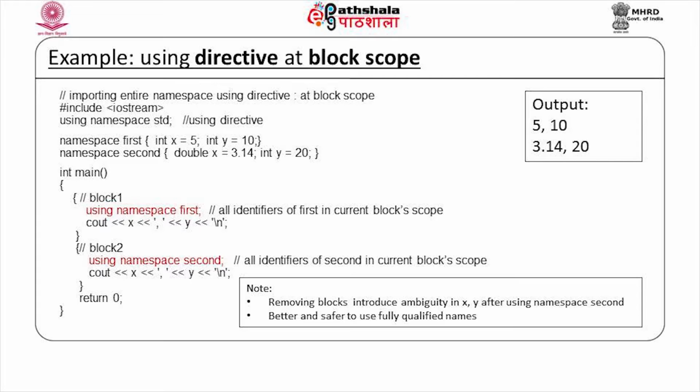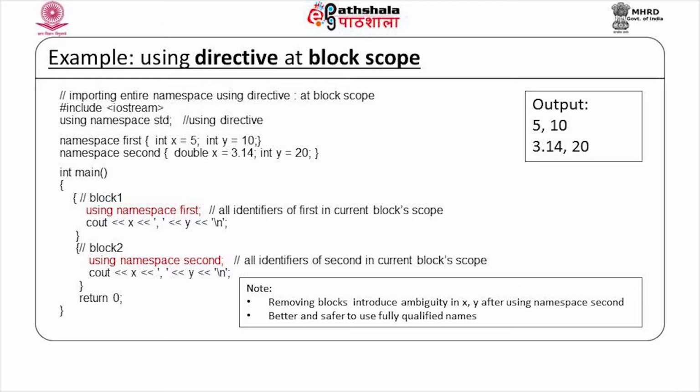Will it give a redefinition error? In this case, it will not give a redefinition error, but when x and y are referred to, the compiler will show the ambiguity error, because it cannot understand now which x and y are to be used, because they have the same names in the same block scope.